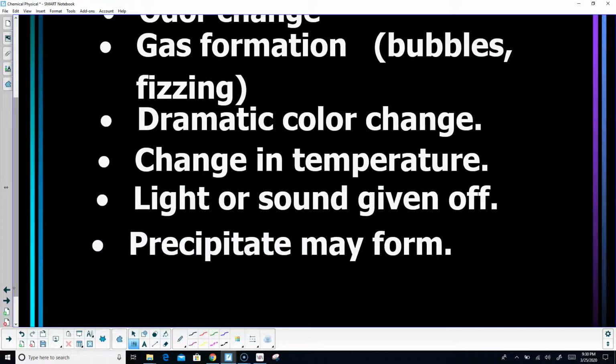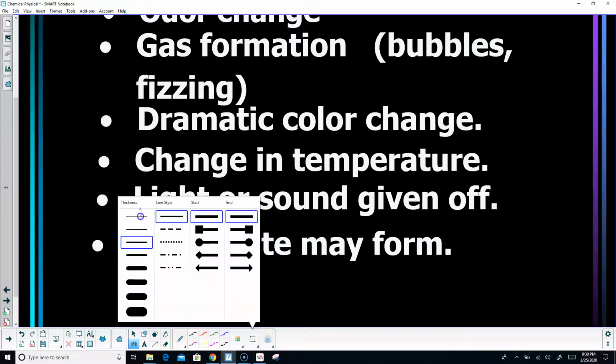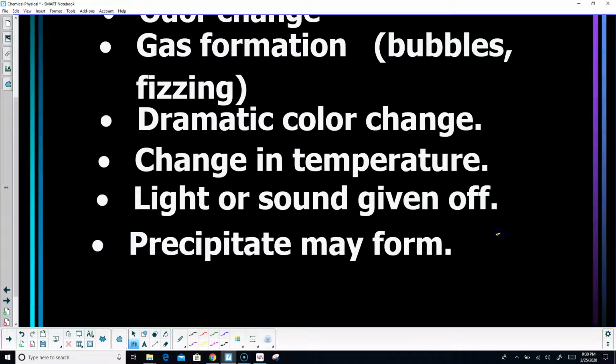The last thing is a precipitate may form. Let's see. I need to tell you what a precipitate is. That's not going to be related to a fire.